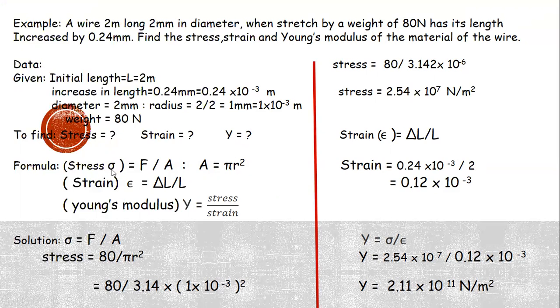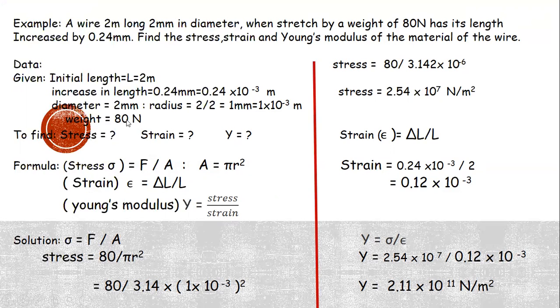Now the formula for stress is force per unit area, that is the internal resisting restoring force per unit area. Strain is change in length upon the original length. Young modulus is equal to stress by strain. First, I'm going to find the stress. Stress is force per unit area.